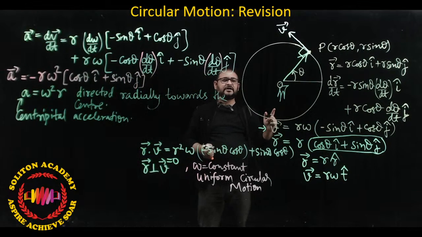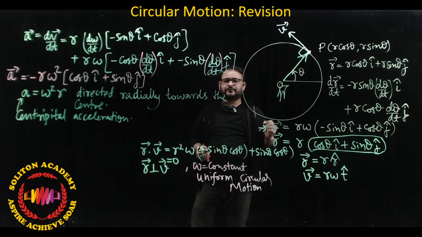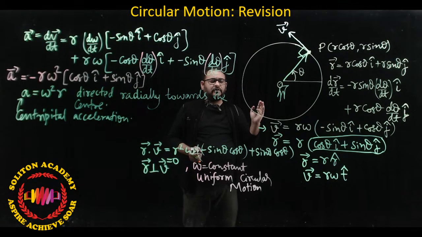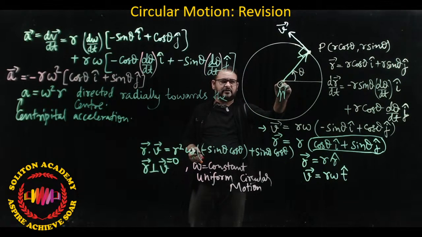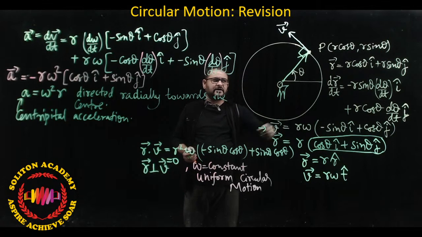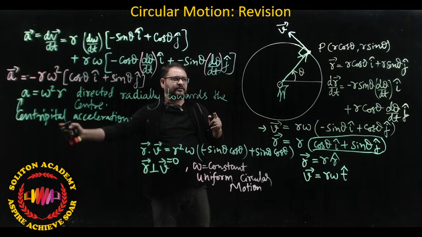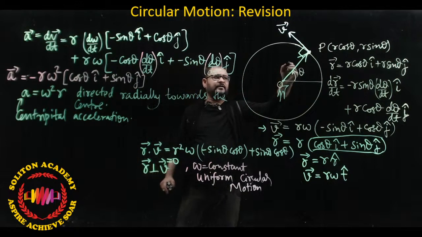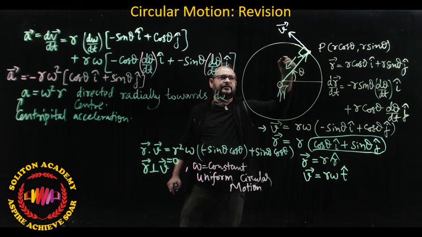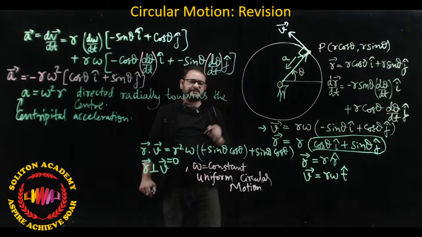Centripetal acceleration is for the observer who is sitting on inertial frame. So if he is sitting on the ground, he is not rotating in circle. He is at rest, so for him it would be centripetal acceleration, and its direction will be towards center. So acceleration is always towards center.